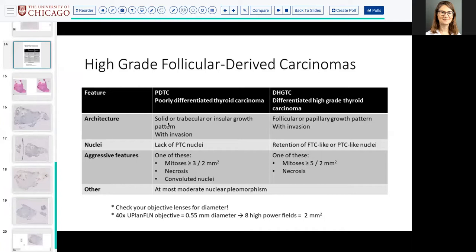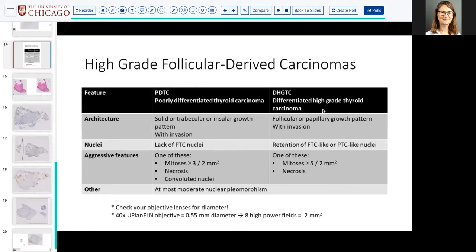So the Turin criteria, as we've discussed, are listed on the left. The criteria for differentiated high-grade thyroid carcinoma are basically any growth pattern, follicular or papillary, any amount of invasion, retention of PTC nuclei, right?